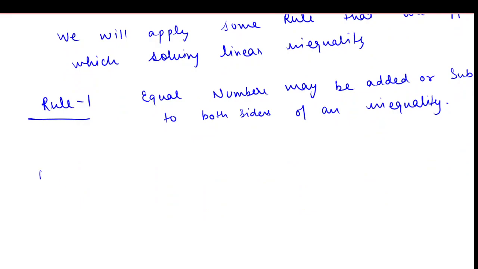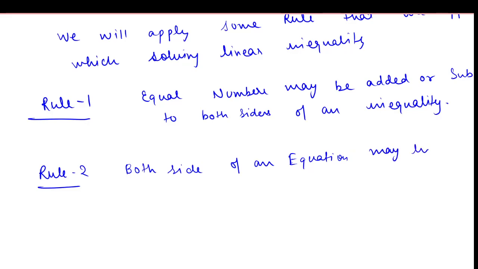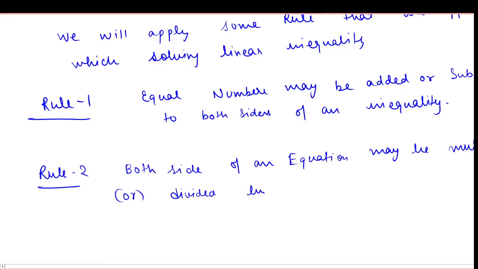Rule number 2, both sides of an equation may be multiplied or divided by the same non-zero number.